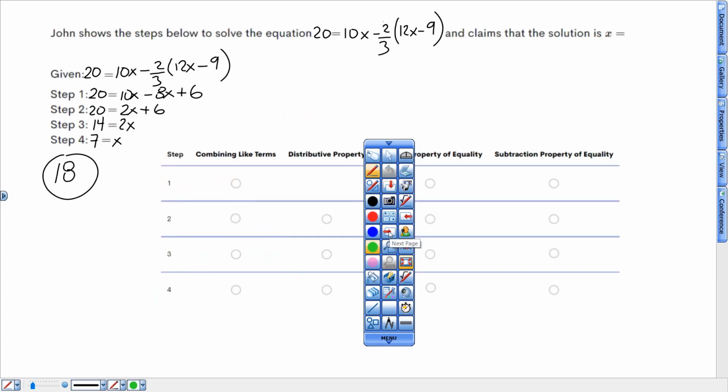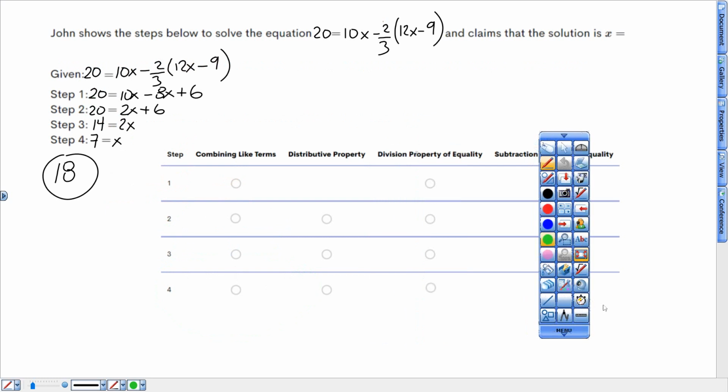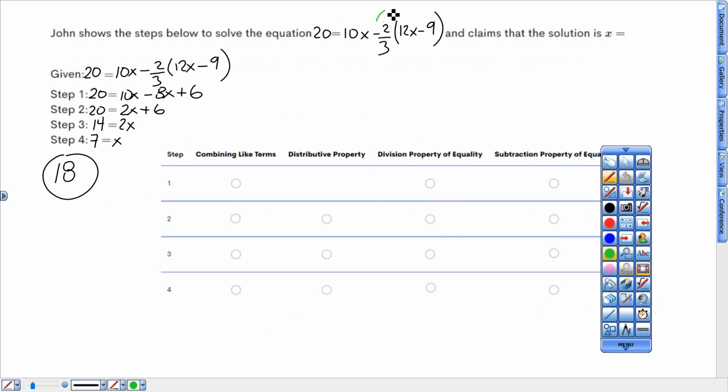This one, again, pretty basic here. I'm looking at distributing. I expect you to know why this is happening here, because again, this is over 1, and I could either multiply straight across and then divide after, so negative 24 over 3. Remember, you're timesing straight across, and that ends up being the negative 8x.